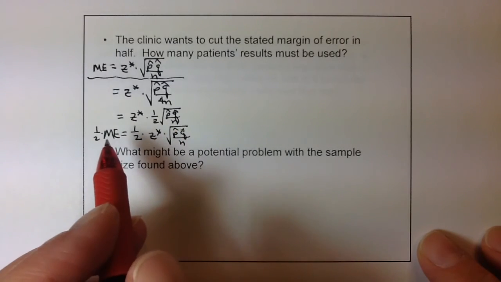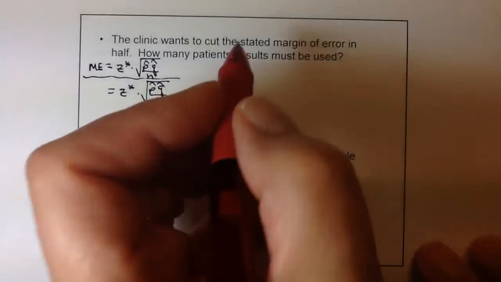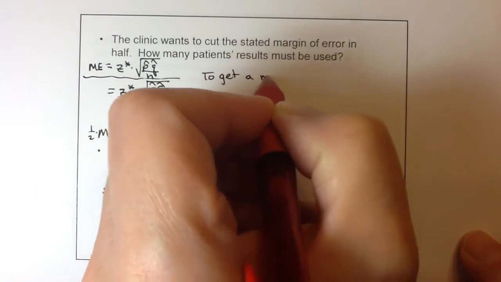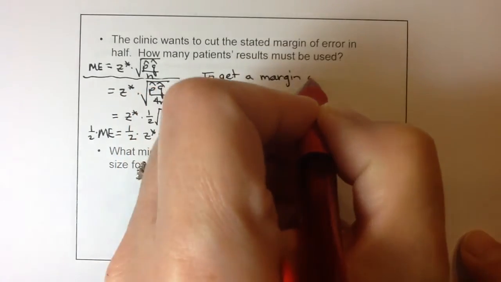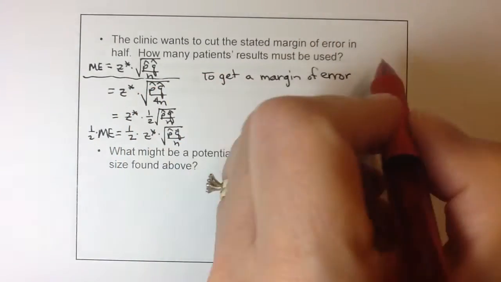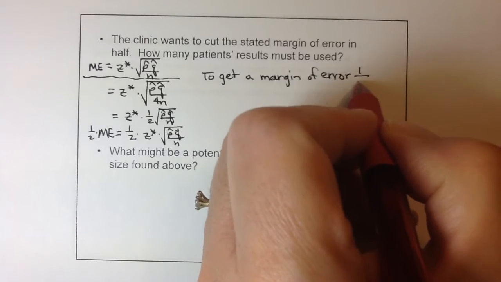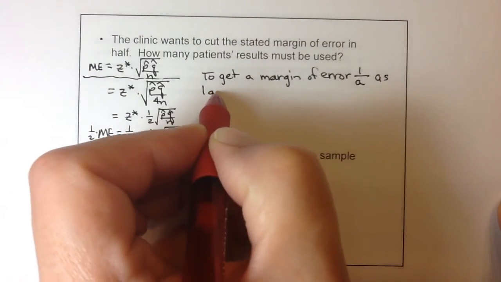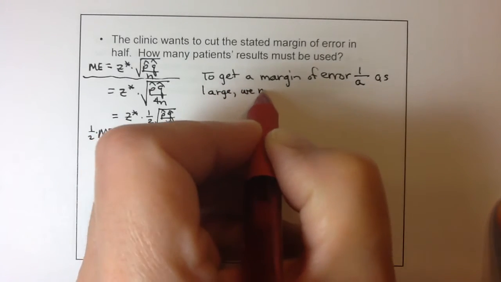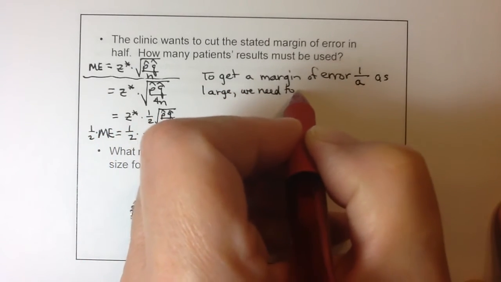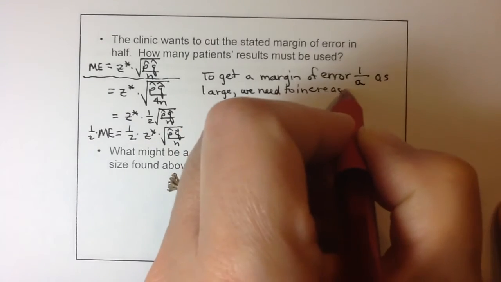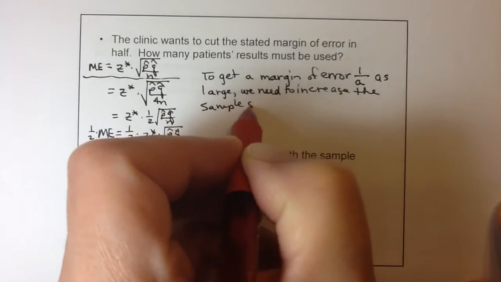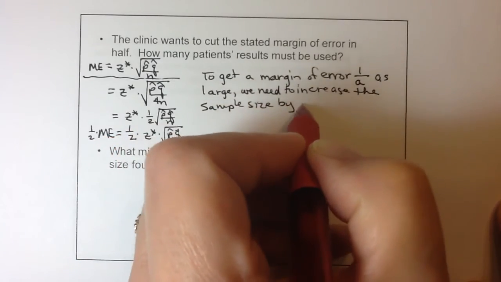In general, to get a margin of error 1 over, let's just pick a constant, a, as large, we need to increase the sample size by a squared.